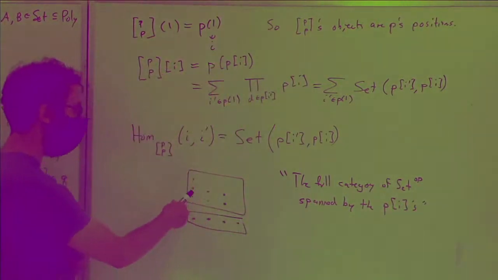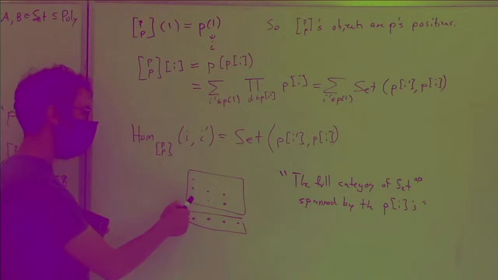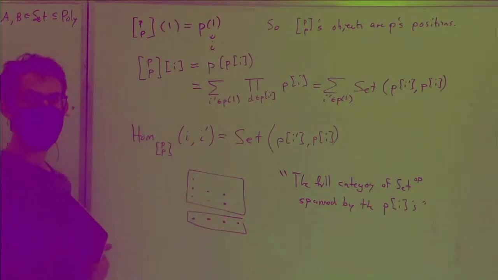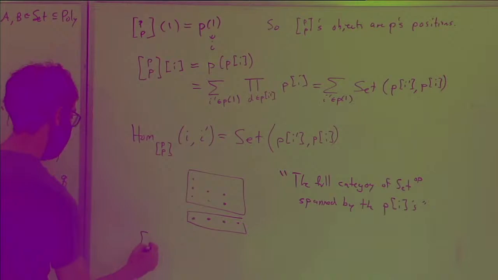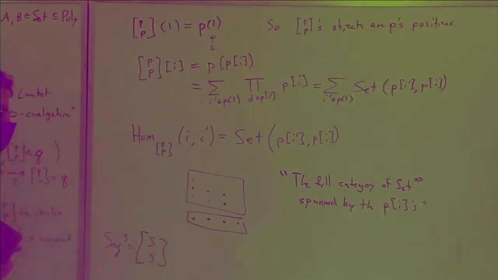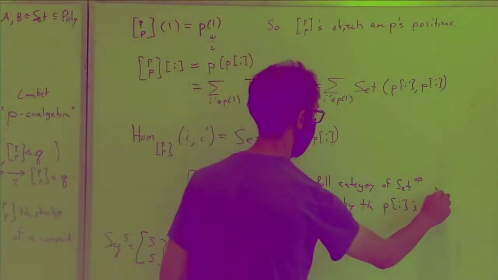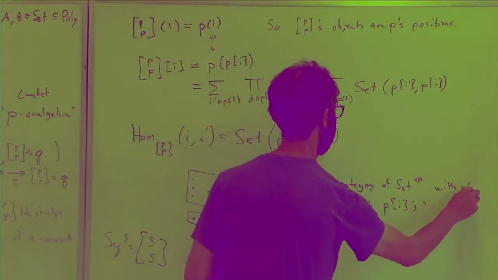So it's the full subcategory of set op spanned by the sets 3, 2, 2, and 0. For example, we know that sy to the s as a comonoid was the contractible groupoid on S, but now what we're seeing it as is the full subcategory of set with p of 1 many objects.